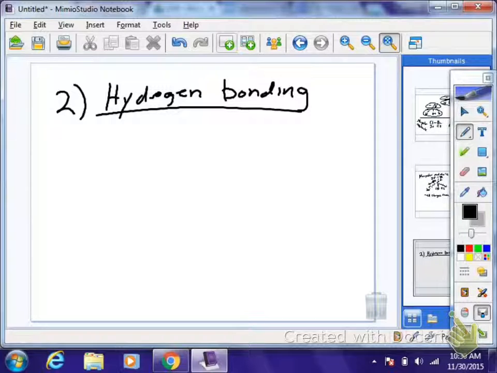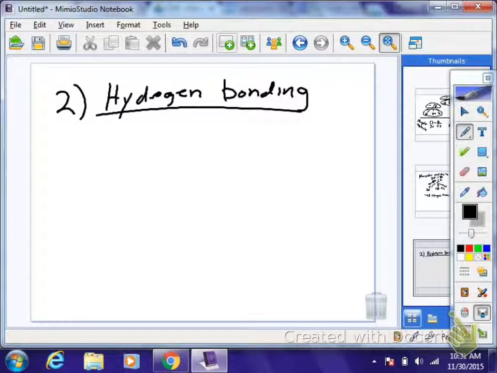You're right, but it has to be with hydrogen. Okay? So hydrogen has to be bonded to 3 elements so we can have hydrogen bonding. So we're still under what's called intermolecular forces of attraction. The first one's dipole-dipole interaction, where you have opposite charged sides of a molecule. Then you got hydrogen bonding, where hydrogen is bonded to one of 3 elements.